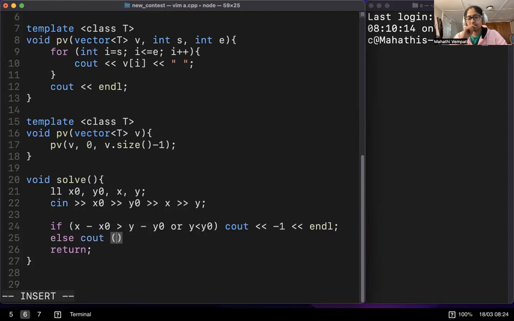I wonder if you could just check if the answer was positive or negative and output.